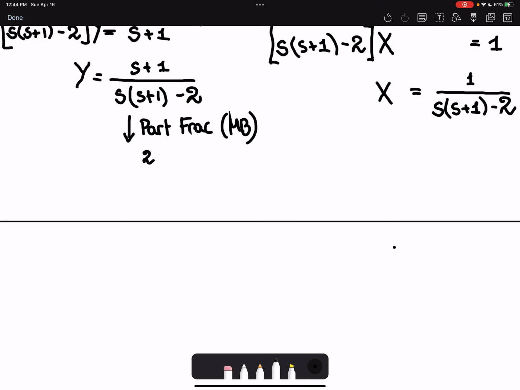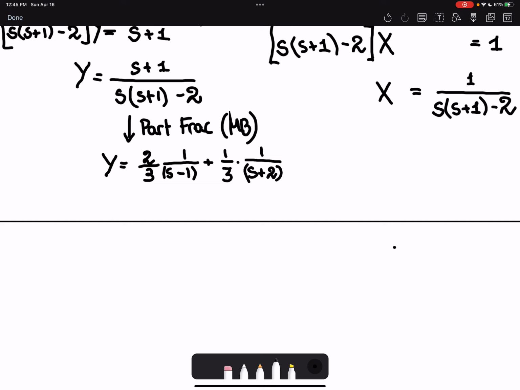This is still the big Y, an equivalent form. 2/3 times 1 over S minus 1 plus 1/3 times 1 over S plus 2.